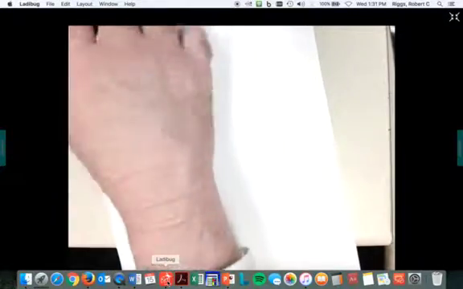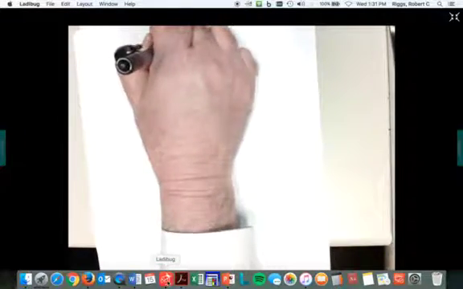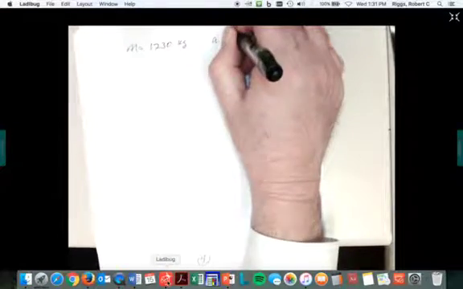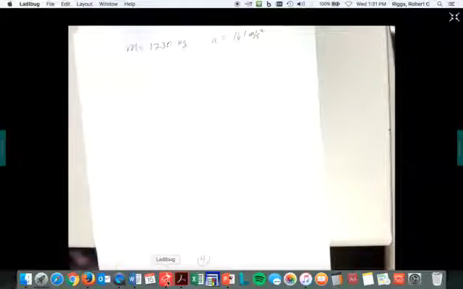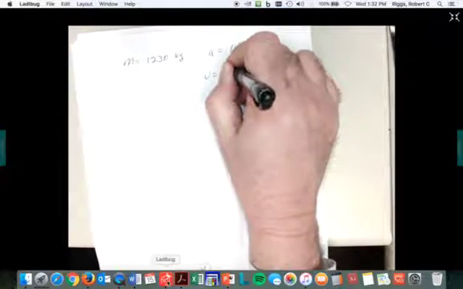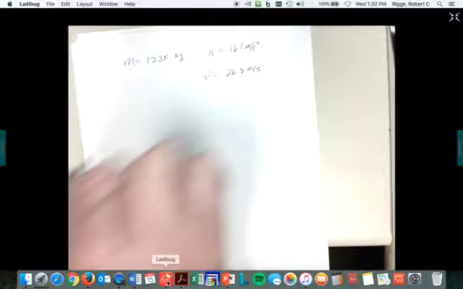The mass was 1,230 kilograms. The acceleration was equal to 16.1 meters per second squared. The final speed was 26.8 meters per second.